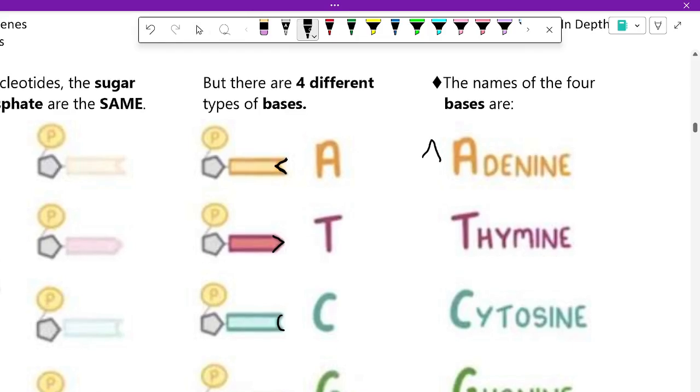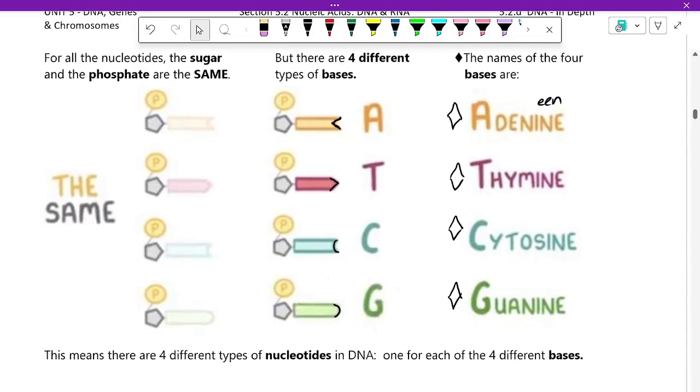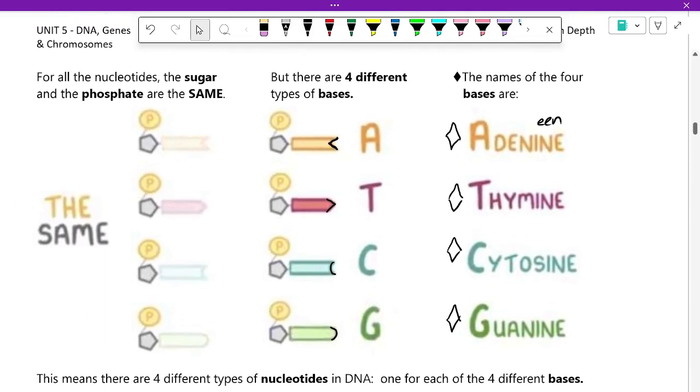Remember, if you want to know the names for the bases, these are the names: adenine, thymine, cytosine, and guanine. And because there are 4 different bases, that means there are 4 different nucleotides. Yes, Spencer?